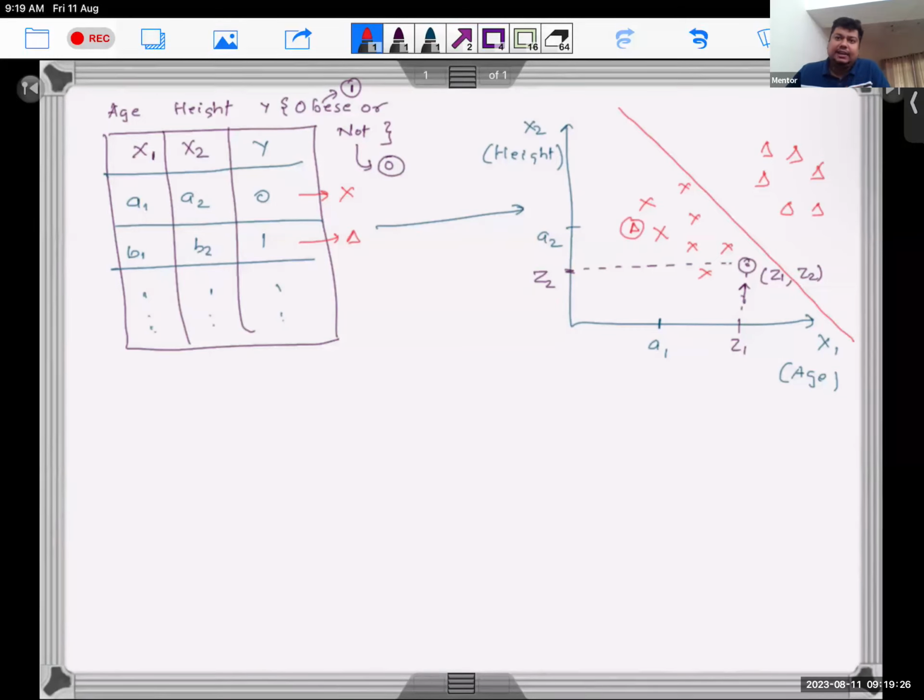So if the data is clearly separable with the help of a line, a linear function, what would I draw in 3 dimensions as a linear function? A plane. And in 1 dimension, what would that be? A point. Absolutely right.